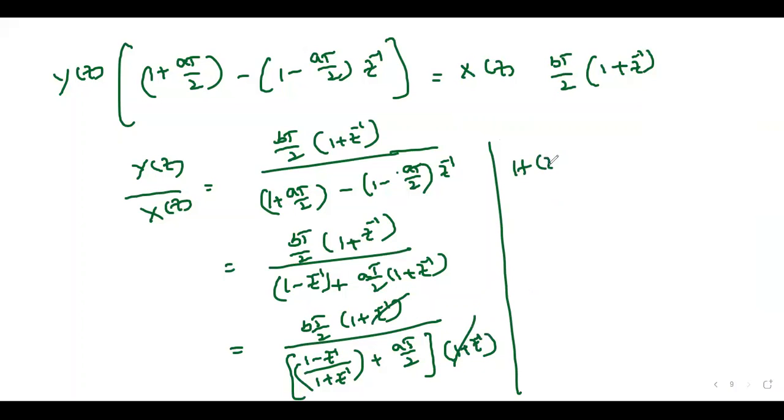Therefore, h of z is equal to bT by 2 divided by, here also T does not cancel, bT by 2 into aT by 2 plus 1 minus z inverse by 1 plus z inverse.